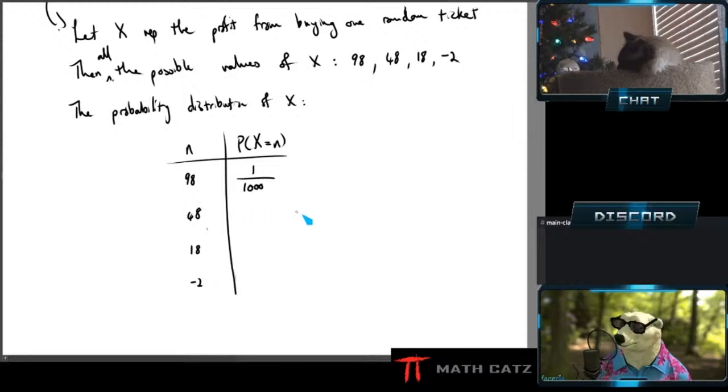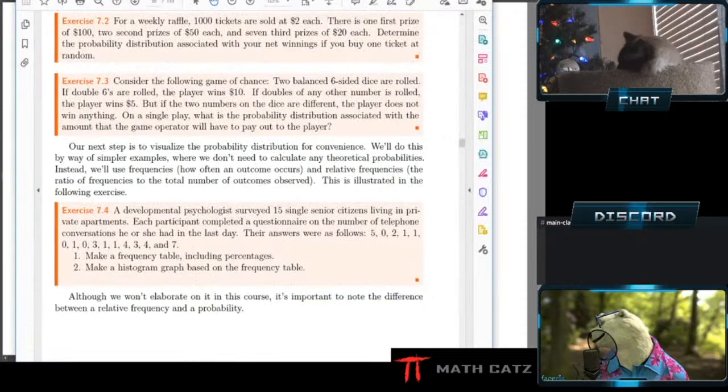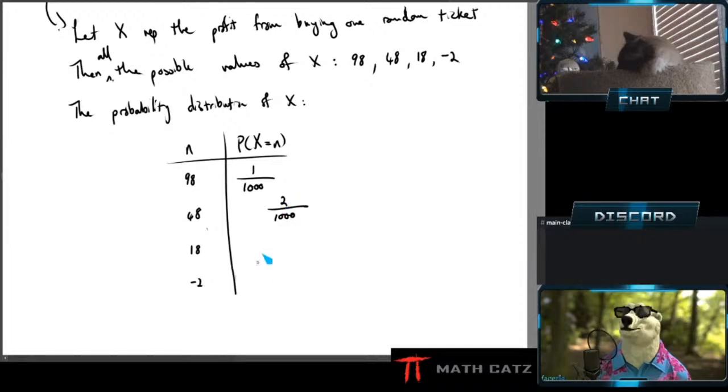Shift this over because I didn't give myself a lot of space. When I talk about x equal to 48, I am just talking about winning second prize. There were two second prizes. So if I buy any one of those two tickets, I'm winning second prize. X equal to 18 represents winning third prize.